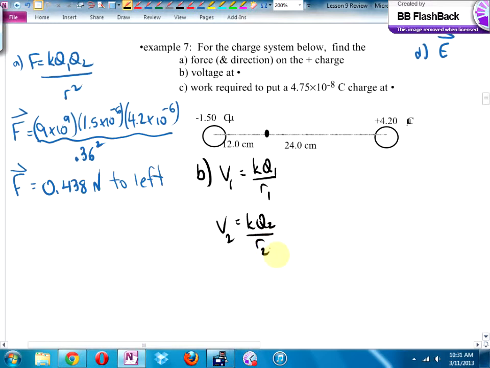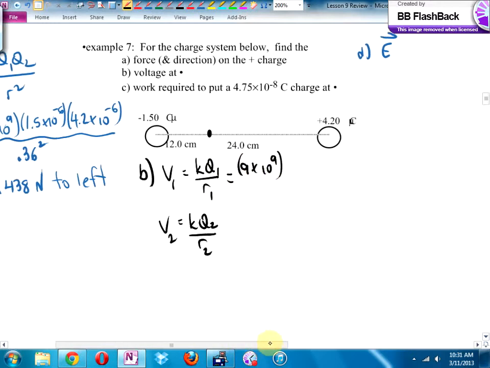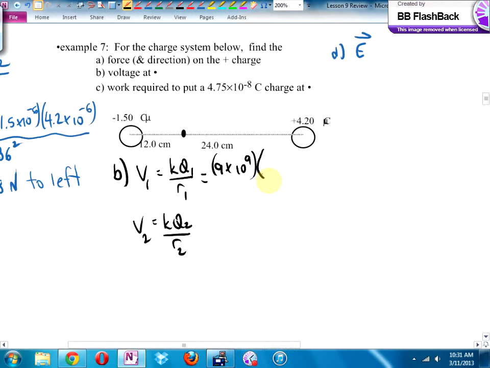They're going to be KQ over R. 9 times 10 to the 9th. Charge 1, negative 1.5 microcoulombs, all over 0.12.